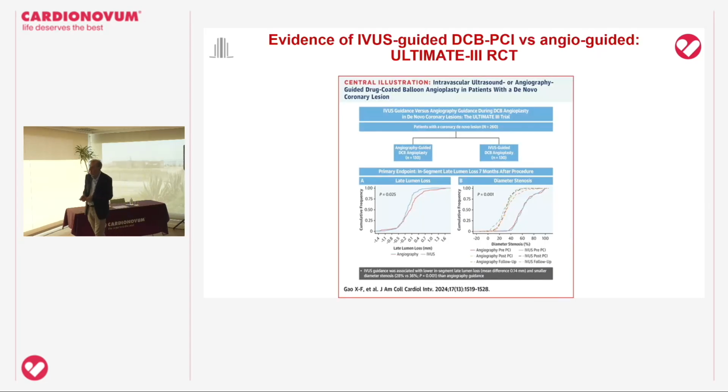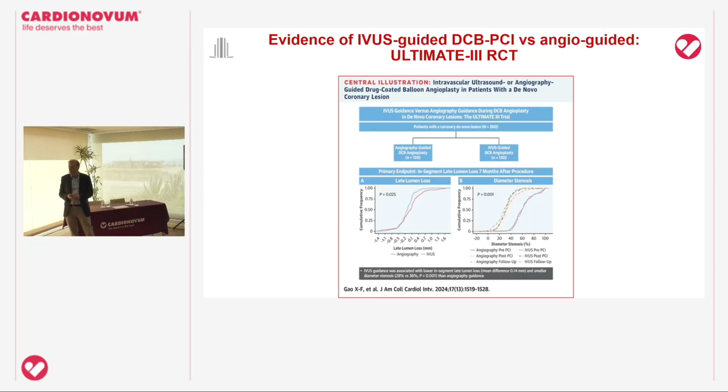What about DCB? Do we have evidence for the use of imaging in DCB PCI? We have the Ultimate 3 trial, a small trial of 260 patients randomized to angio-guided DCB angioplasty versus IVUS-guided DCB angioplasty. So both groups were DCB only, angio-guided versus IVUS-guided.